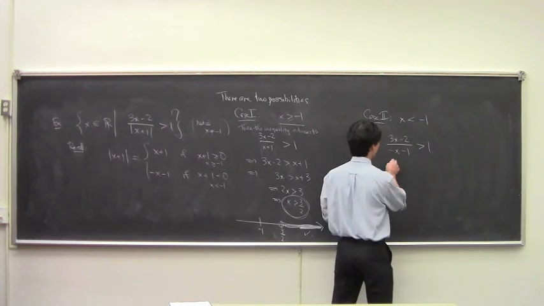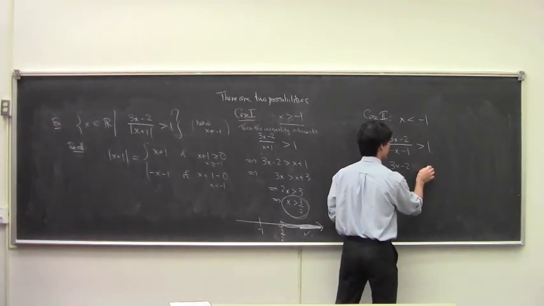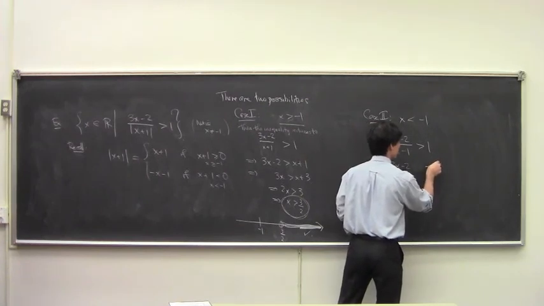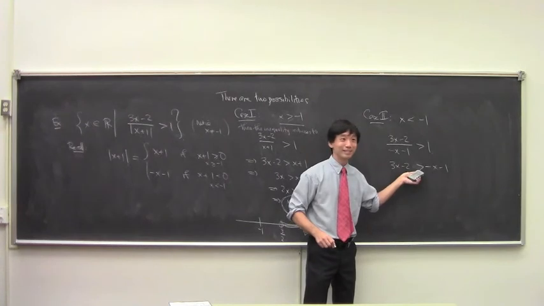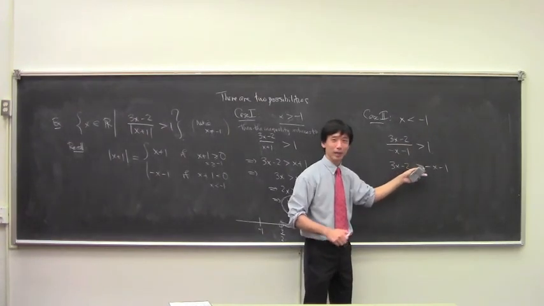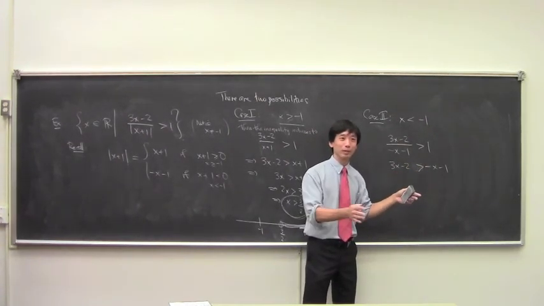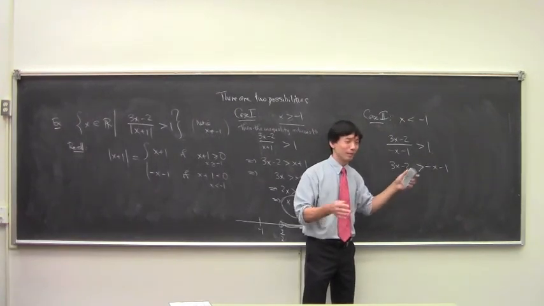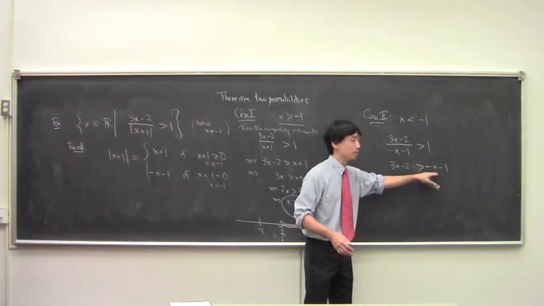And then you multiply negative x minus 1 on both sides. Do I have to worry about changing the sign? No, because I'm smaller than -1. I take negative x, that makes me bigger than +1, and I subtract 1, I'm still bigger than 0. If you think about it without going crazy, then it'll be okay. Anyway, this is positive.